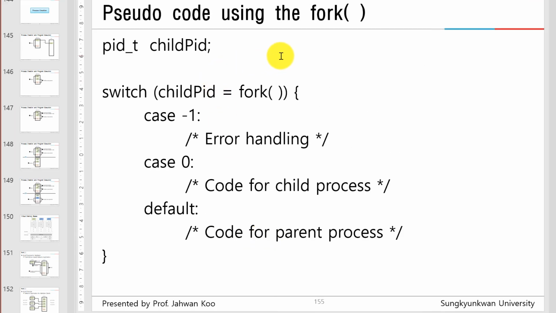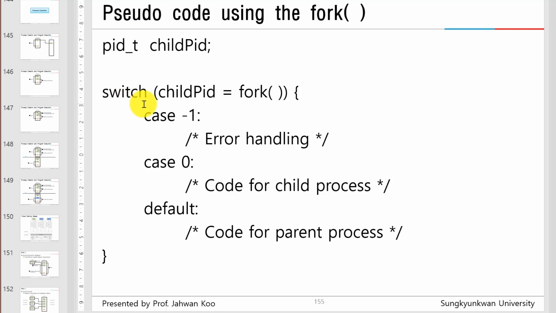This is a typical pseudocode when you are using the fork system call. First, we declare a variable named child_pid with pid_t system data type. This typical pseudocode is using a switch statement.